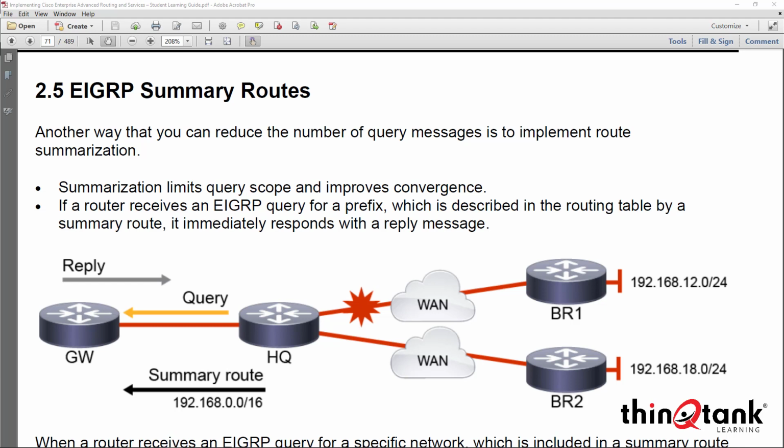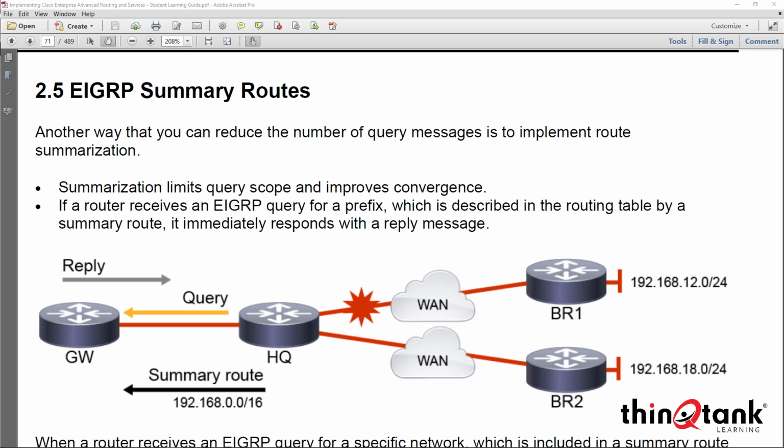But it does require careful planning to accommodate summarization. You have to assign subnets in large blocks to one part of your topology so that you have those nice contiguous blocks that provide you the ability to do that particular summarization effectively, okay?